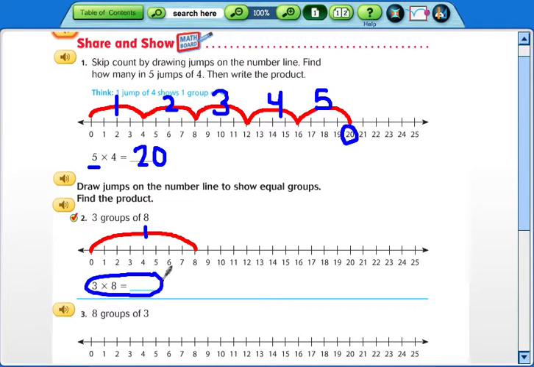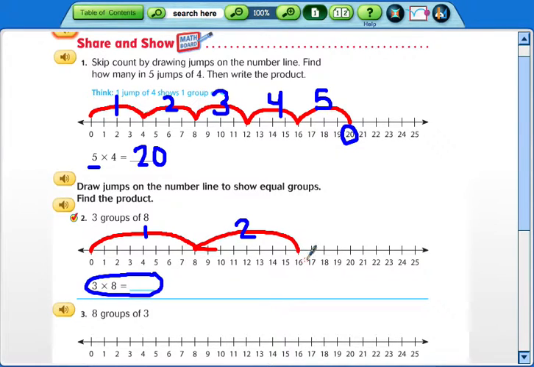Okay, I've got to make jump number 2. But I've got to have 8 in it. So I'm going to count the spaces till I have 8. 1, 2, 3, 4, 5, 6, 7, 8. Okay. There's jump 2. Remember, I have to have 3 jumps, so I need 1 more. Ready?